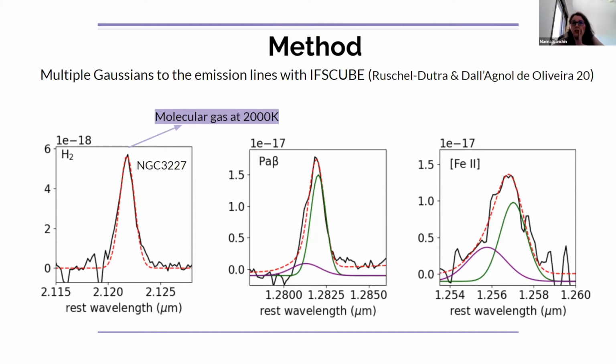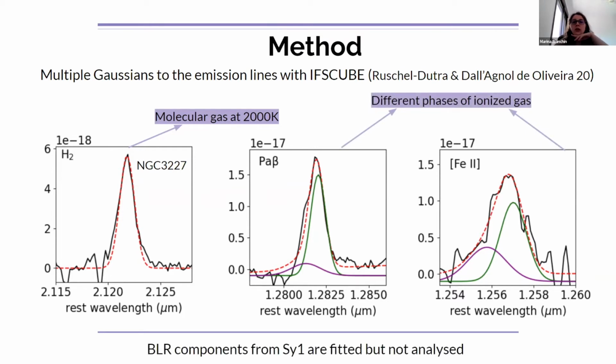And in this case of this particular galaxy, two curves are fitted. The purple curve corresponds to the outflow, and the green curve corresponds to the disk emission. So different phases of the ionized gas.